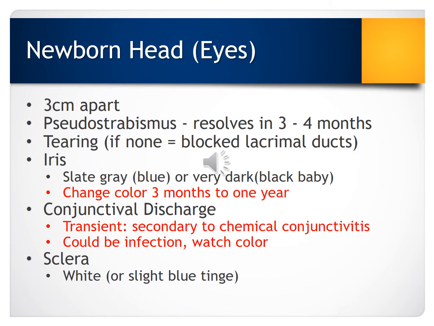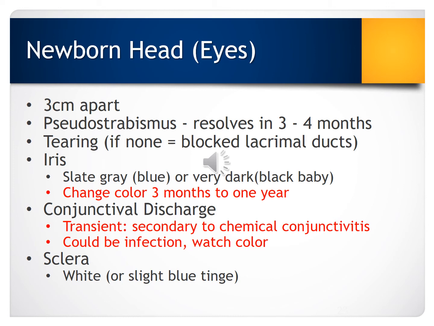Here, I've listed some things to look out for when looking at the newborn eyes. Again, a good teaching point to parents is that baby's eyes may be very dark initially at birth, and that the color may change, or probably will change, within 3 months to a year. Every baby's eyes may look black or grayish, and their true color will develop over time.